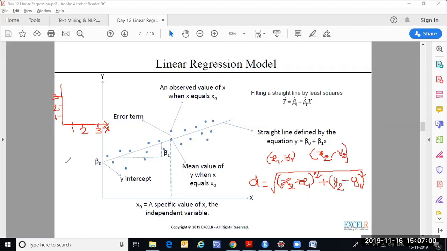So if I have a data point called 2, 3, where will it come, friends? How can I represent the 2, 3 in this graph?